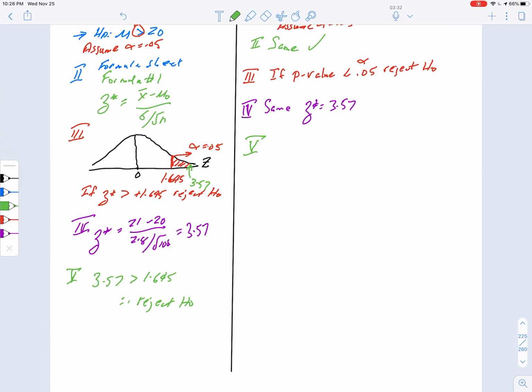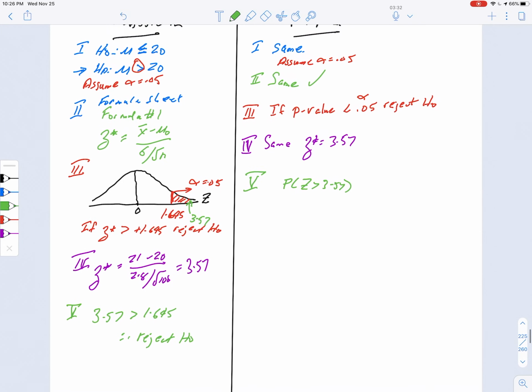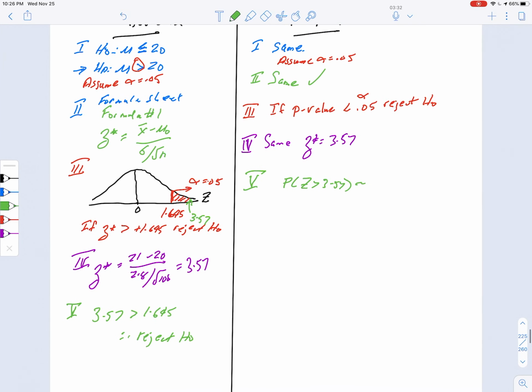Therefore, we're going to reject H0. In the p-value approach, we go to the table, and we found that that probability of Z being greater than 3.57 is something about 0.0002. It's actually less than that.